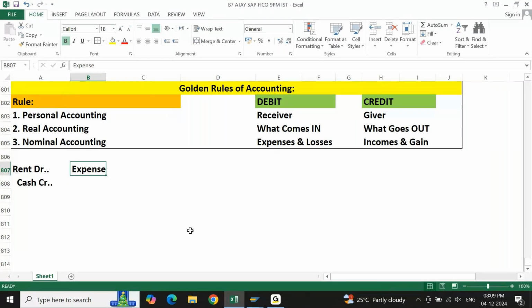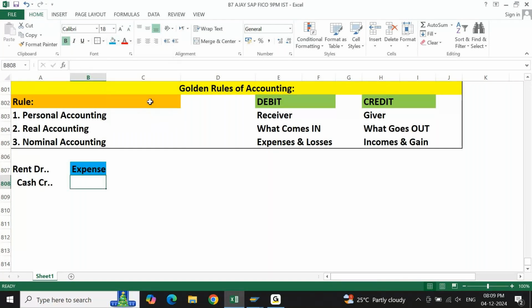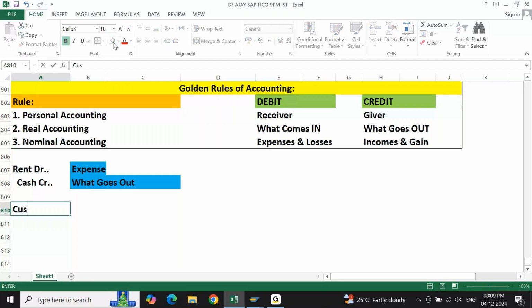This is because of expense. Why are we crediting cash? Cash is a real account, and what goes out is credited. If you receive cash, it is different. If you are losing cash, it's different. Am I correct? For example, if I take customer debit, sales credit, why are we debiting a customer?